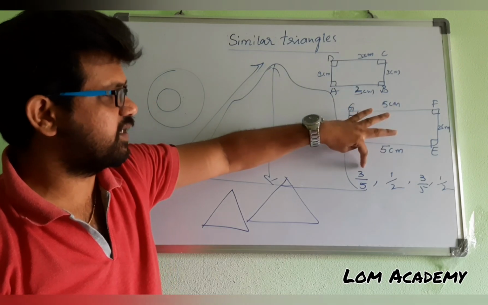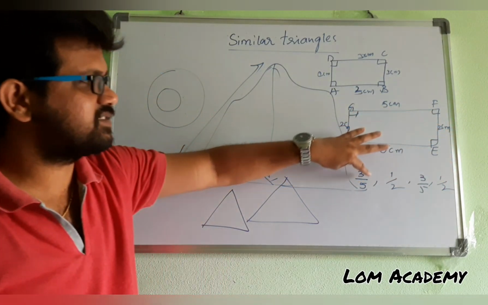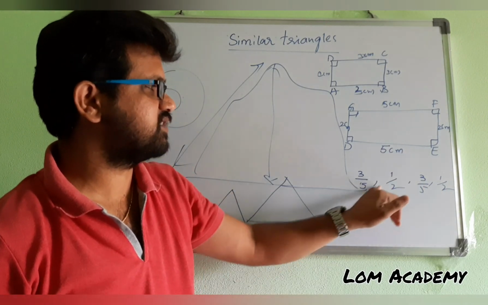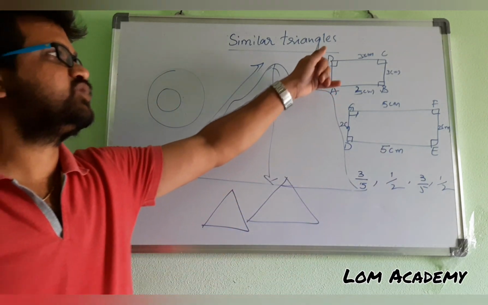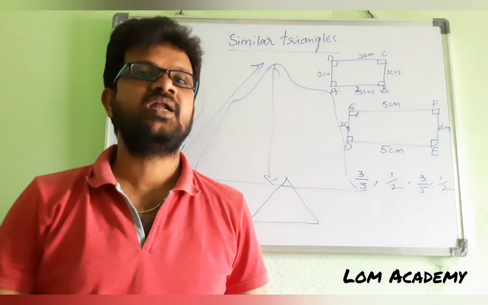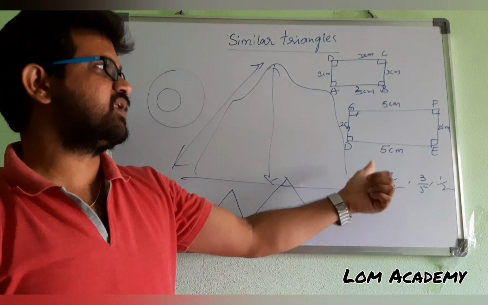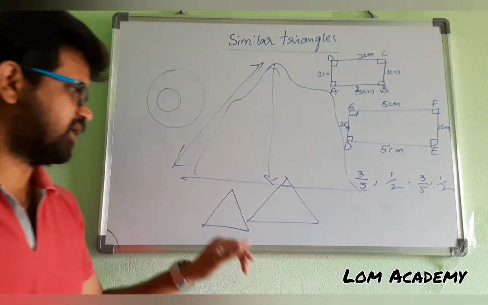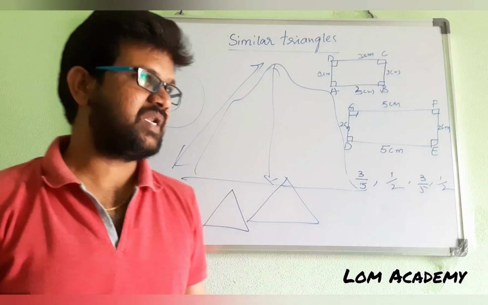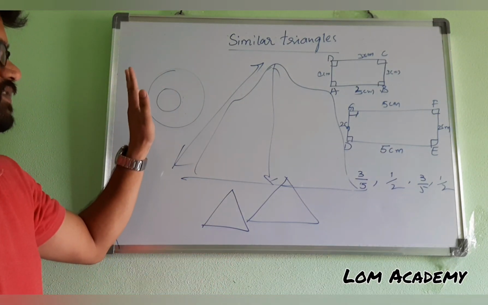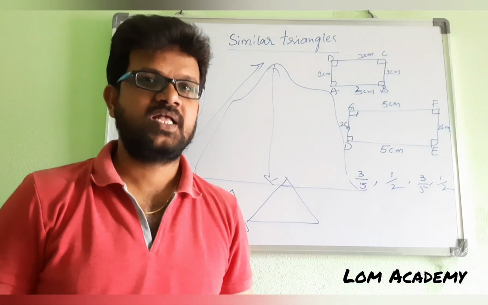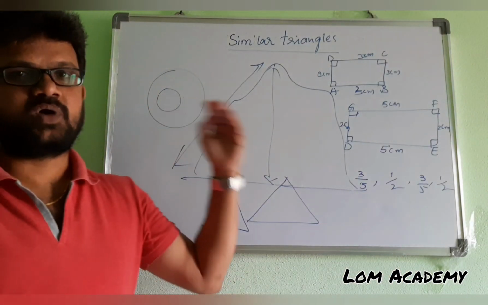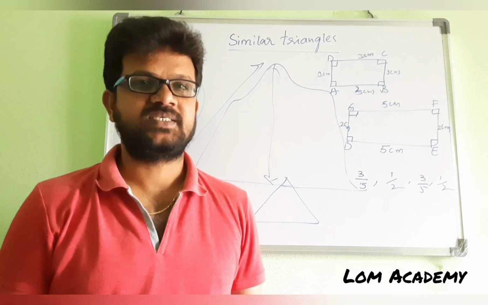We are not getting the same ratio. 3 by 5 is not equal to 1 by 2. So that's why two rectangles are not always similar. Sometimes they are similar, only when their corresponding sides are in the same ratio. But all equilateral triangles are similar, all circles are similar and all squares are similar. One square and one rectangle are not similar, and one square and one rhombus are also not similar.